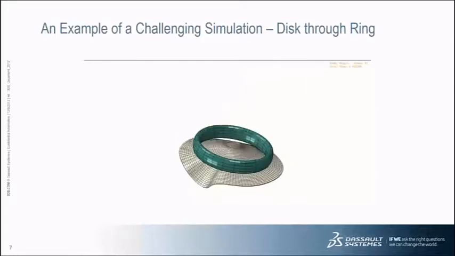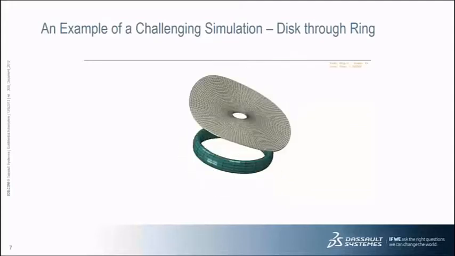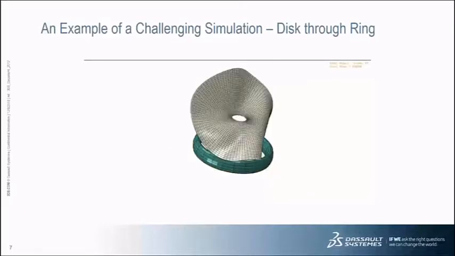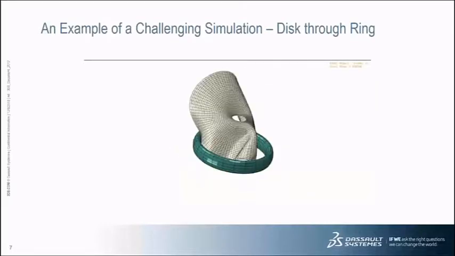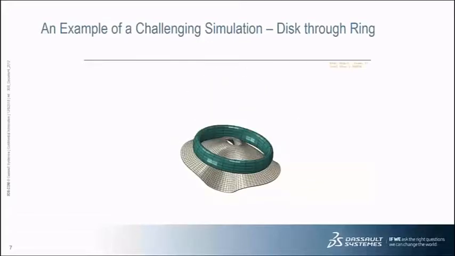So I switched to the general contact, which we'll talk about today, and I was fairly easily able to complete the solution. Looks sort of like somebody throwing up a pizza crust, kind of, but interesting.